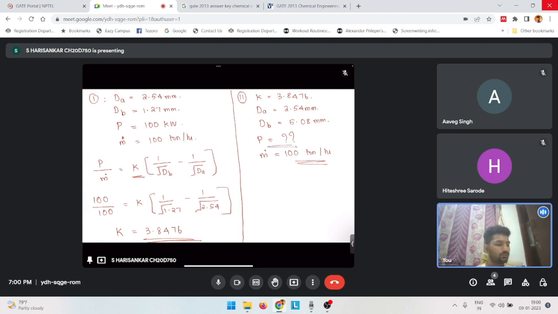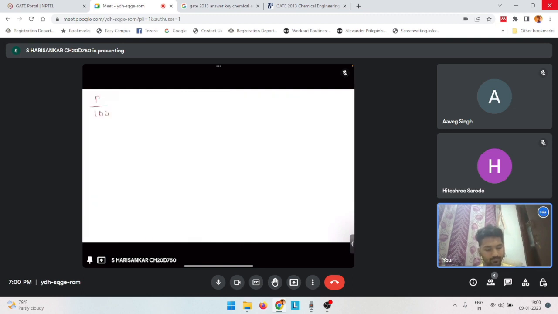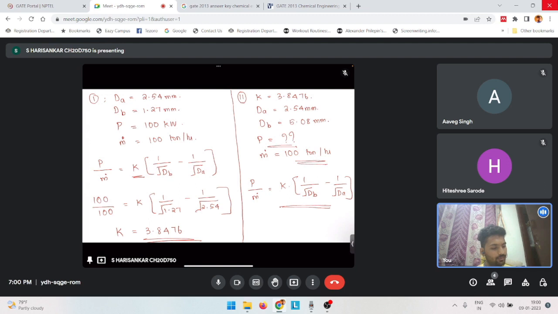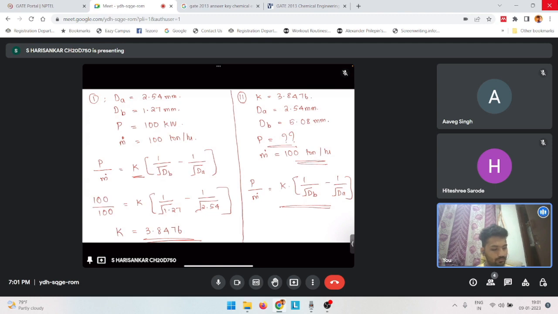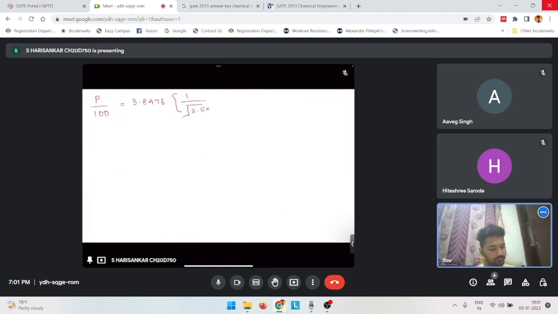So again we use the same Bond's law. P by m dot is equal to K into 1 by root of dB minus 1 by root of dA. So we'll substitute all the values that we have. P by 100 is equal to K, which is 3.8476, into 1 by root of dB, which is given in the question, 1 by root of 5.08.